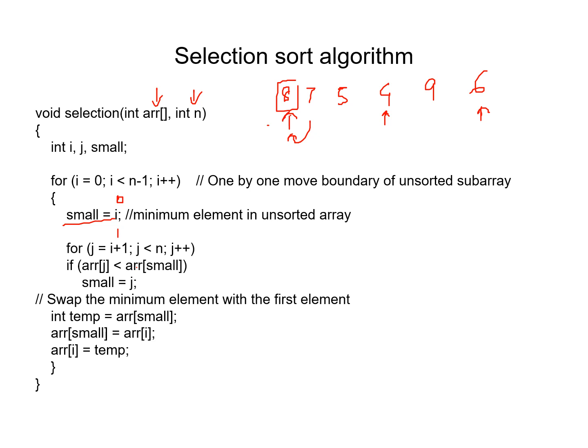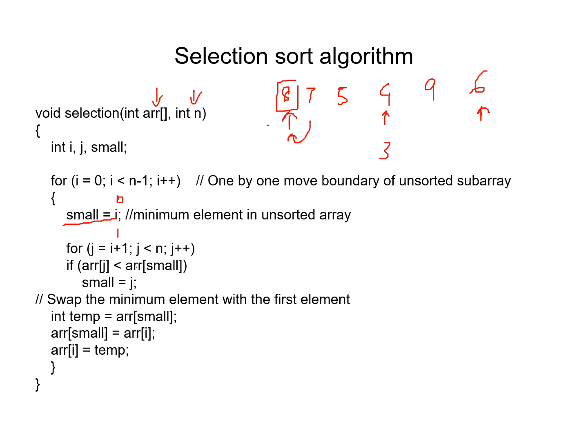Now at the end you will update the value of small here. So here the value of small will be 3, right? And later on it will swap the minimum element. So array small is 4. 4 is saved into the temporary variable, and then array I. The value of I is 0, so array 0, the 0th position, and array small will be swapped.